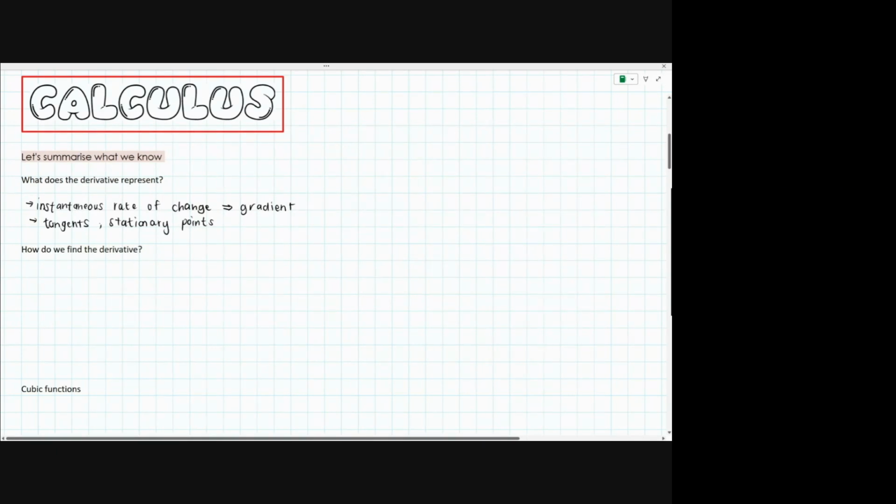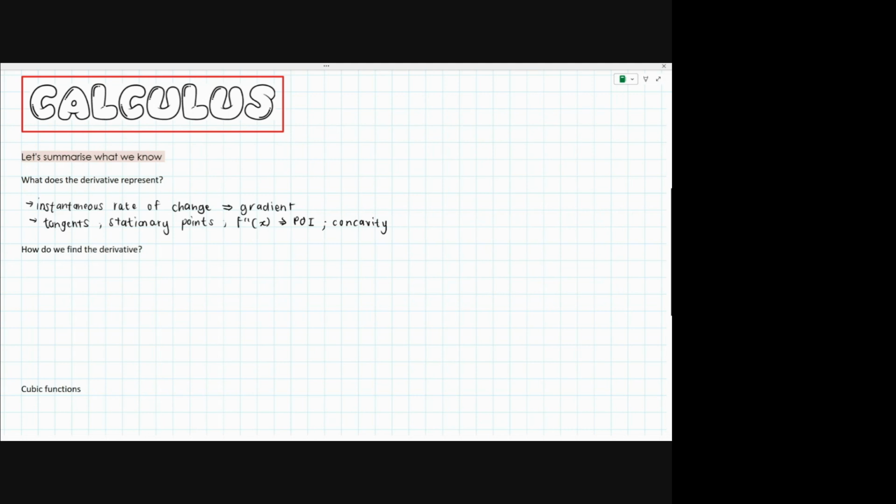Obviously, when we get into second derivatives, we start talking about points of inflection. There's a whole bunch of stuff we can now work with. Obviously, concavity. So there's a lot that a derivative can do for us, particularly when we start talking about functions. Excuse me.